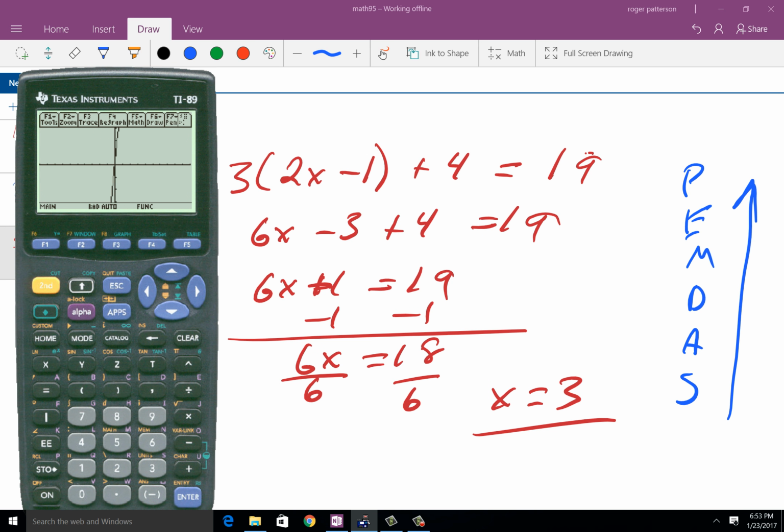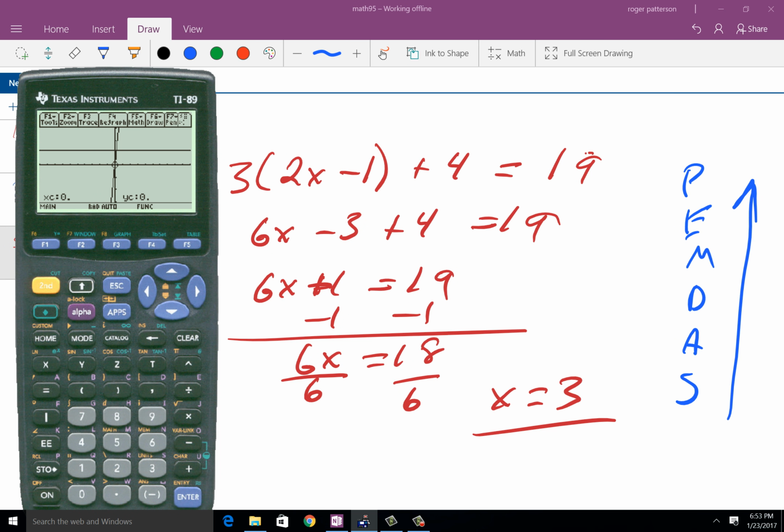So let's try F2 for zoom, and let's try zooming out. It says new center. I just picked the center of the screen because I'm just going to zoom out with that. Oh, there it is. So now I have this really almost vertical line, and I have that 19 going across there. So that's the point that I want.